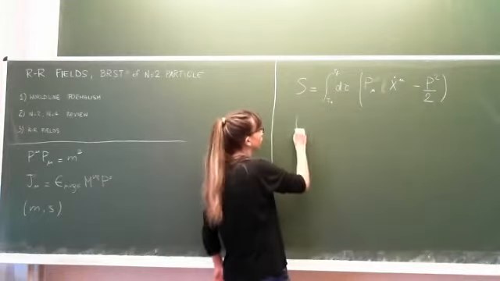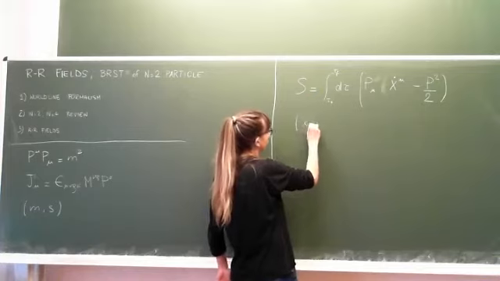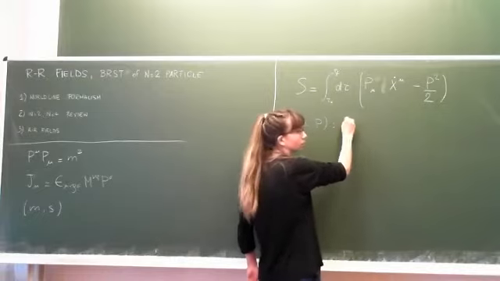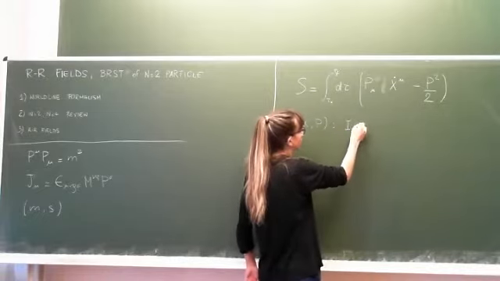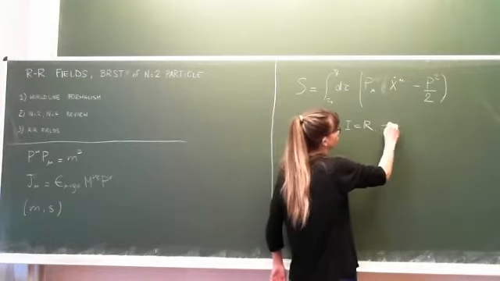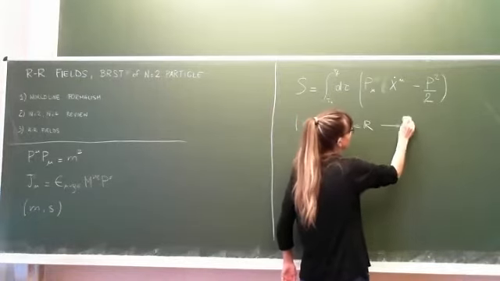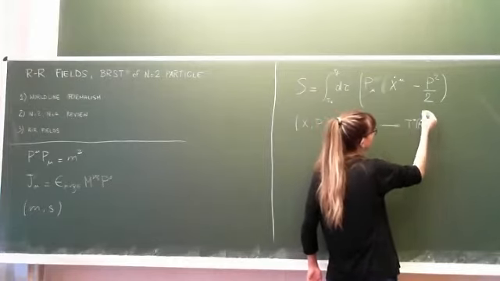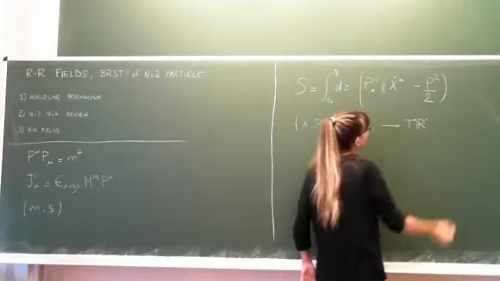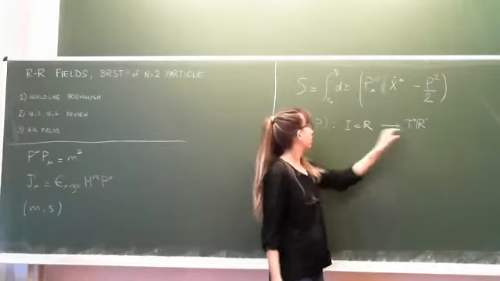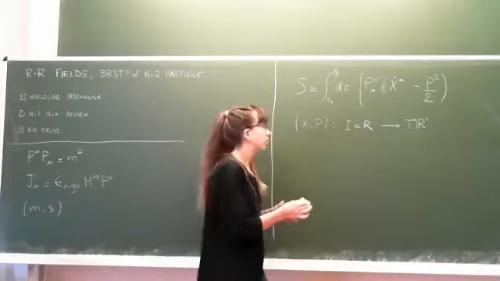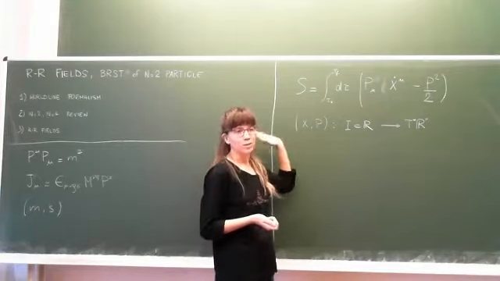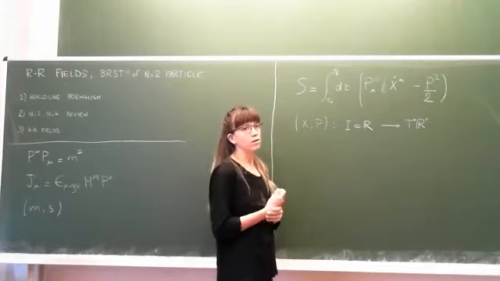Where I can think of X and P as being fields, maps from the interval, the real line, to cotangent space. So X lives in R^n and P lives in the fiber to R^n. It's very easy. So this is the action for the scalar massless particle.